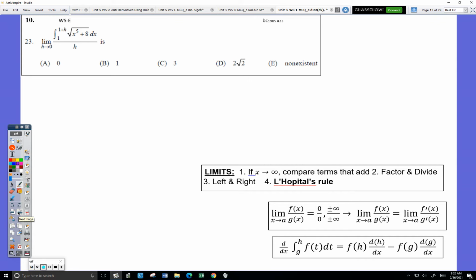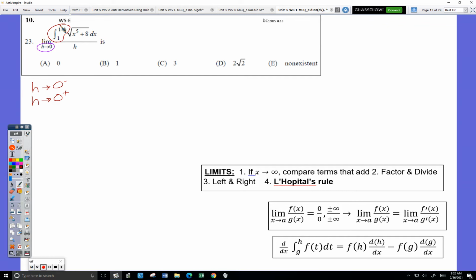Okay, number 10. 10 is a limit problem again. The limit is not h approaching infinity, so we skip that. There's no way to factor, so we skip that, and now we just try to see what happens when h gets close to 0. If h is a little more or a little less than 0, we're going to have an integral from 1 to 1.